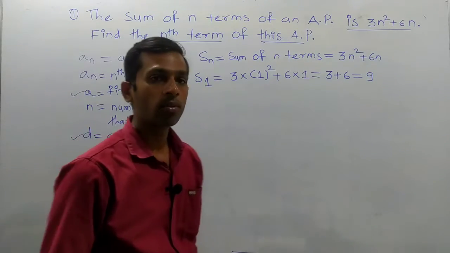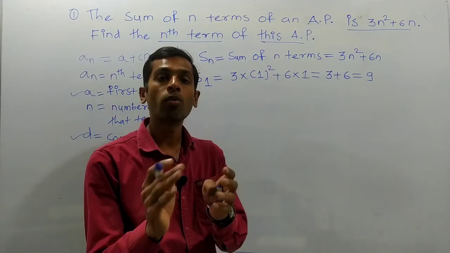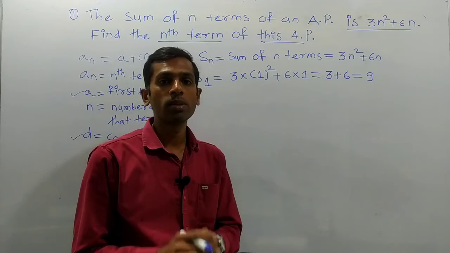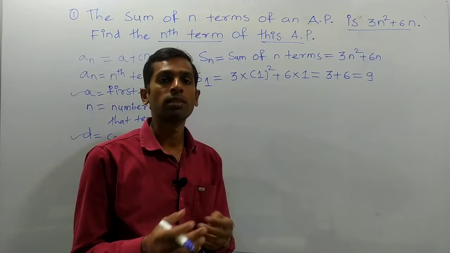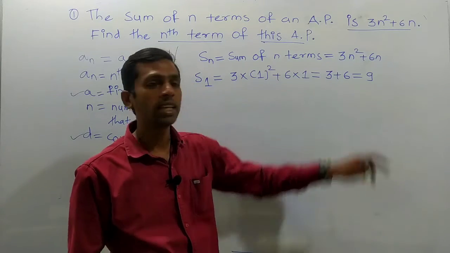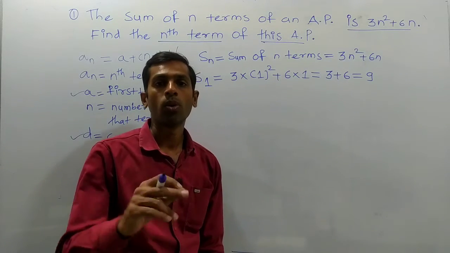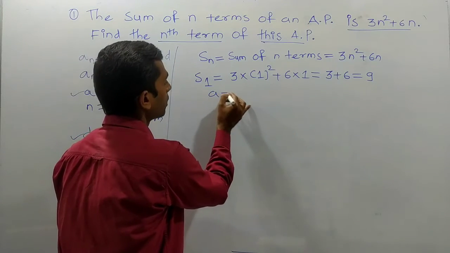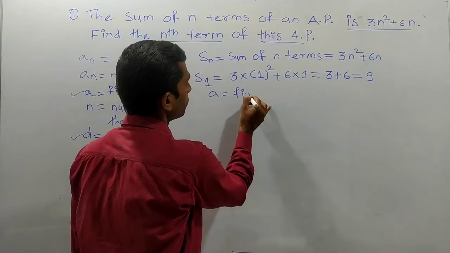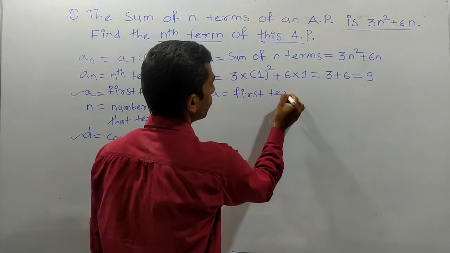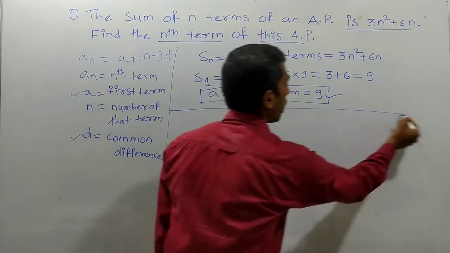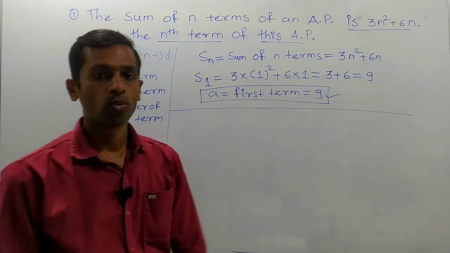Now what does S1 represent? It means the sum of one term. There is only one term, so its sum is the same term. That means 9 is our first term, so a is equal to 9.